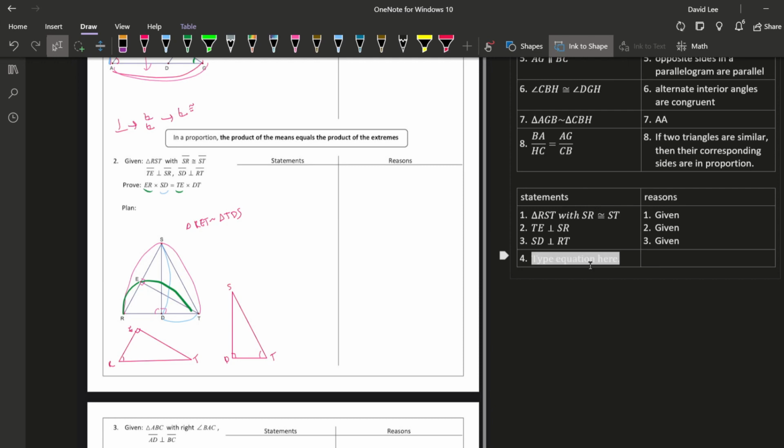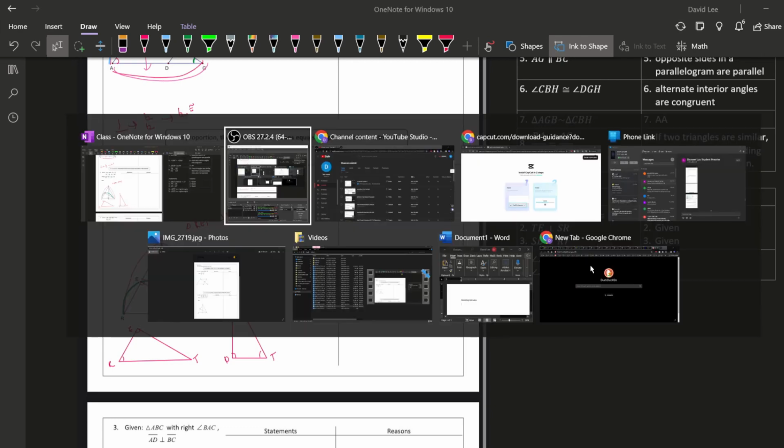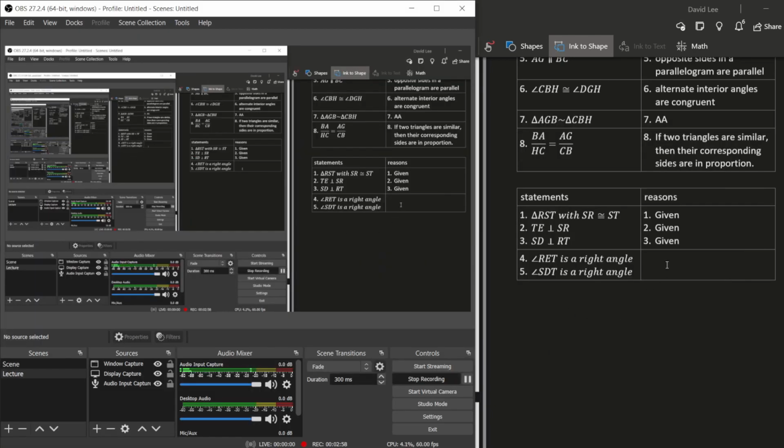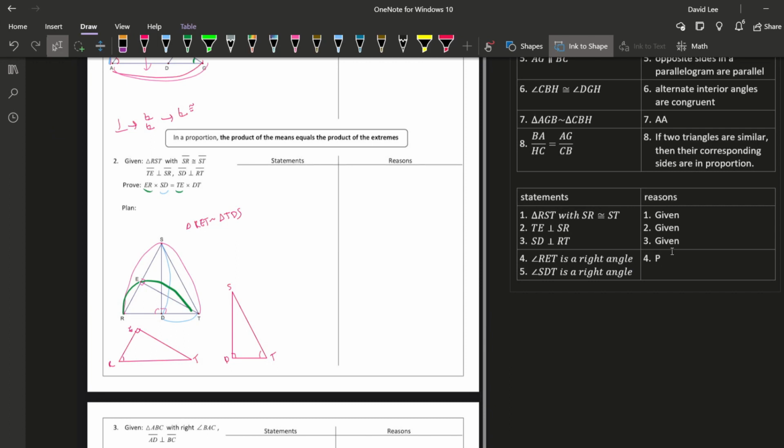So I'm going to say angle RET is a right angle, as well as angle SDT is a right angle. This would be because perpendicular lines form right angles, and then the same thing for this one. And then we have angle RET is congruent to angle SDT because all right angles are congruent.